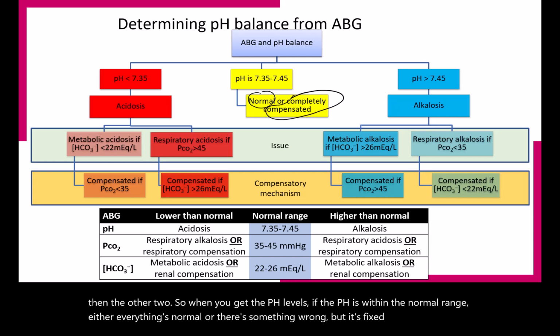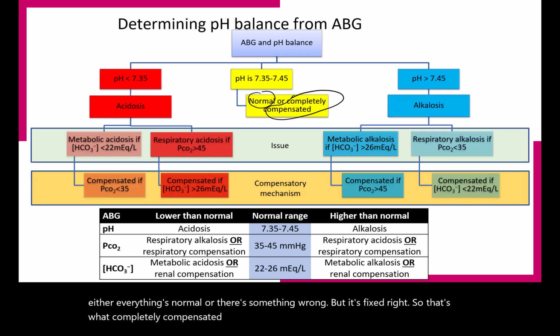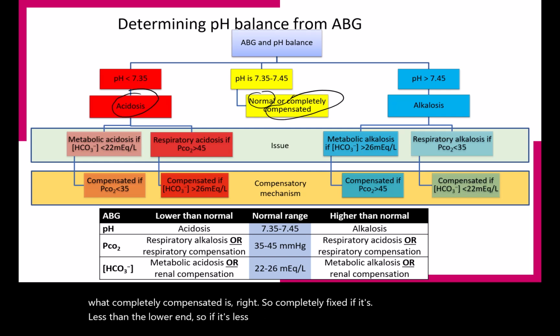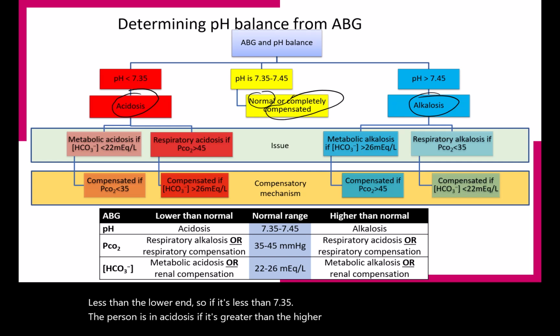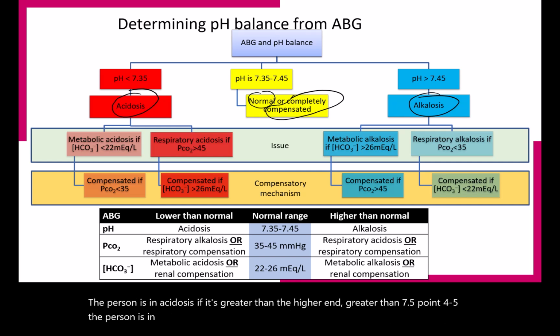So that's what completely compensated is. If it's less than the lower end, so if it's less than 7.35, the person is in acidosis. If it's greater than the higher end, greater than 7.45, the person is in alkalosis.